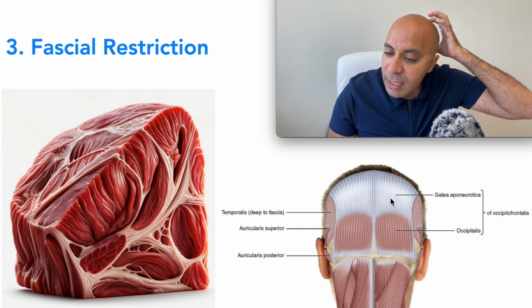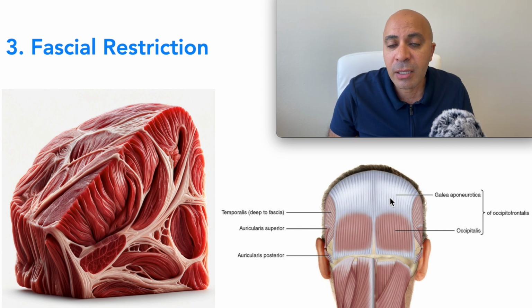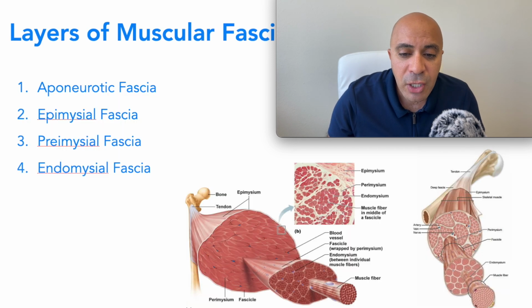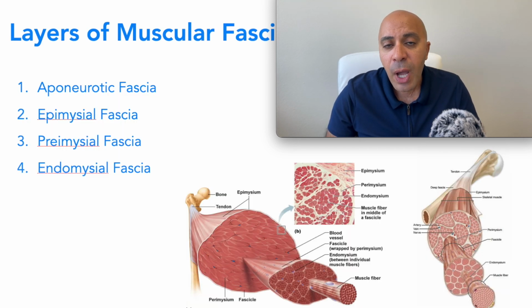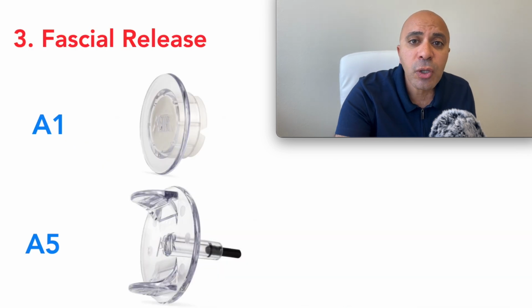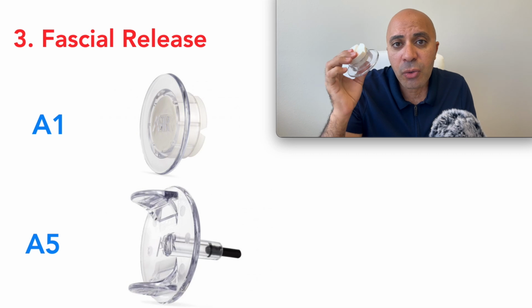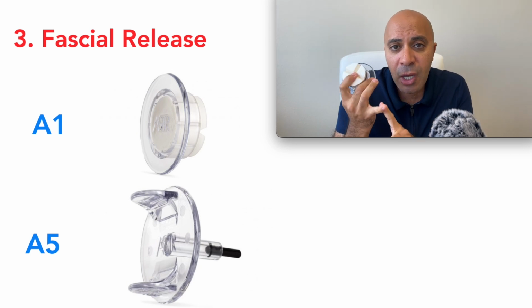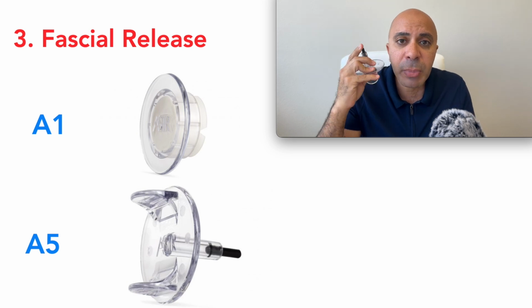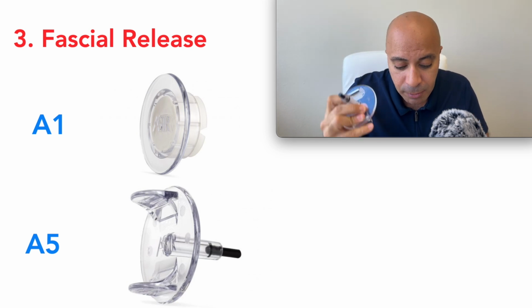When that's restricted, it compresses everything underneath it. So in order to treat those fascia layers, we have to isolate them. And what I personally do is I use the A1 to release superficial and aponeurotic fascia layers, and I use the A5 to release the epimysium, perimysium, and endomysium.